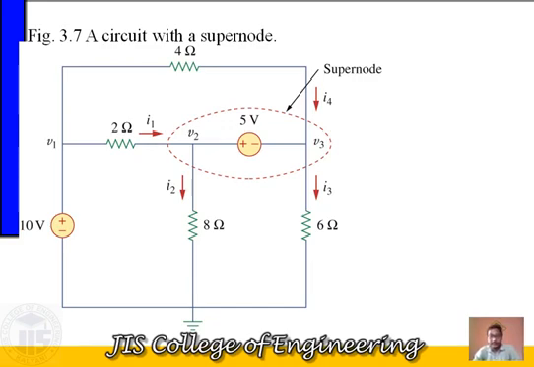Just remember this thing: if only a voltage source is connected between the two non-reference nodes, then you can apply this super node method. So there is no resistance, so we are considering the super node method. It means we are considering these two nodes all together, as one node.